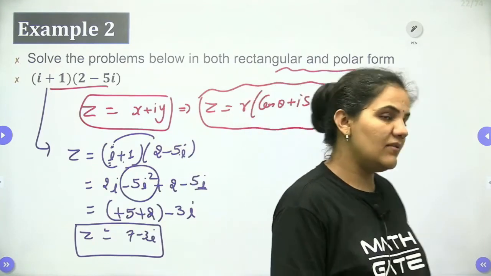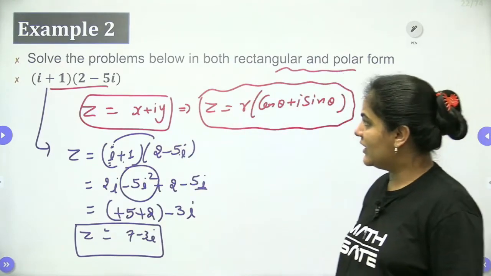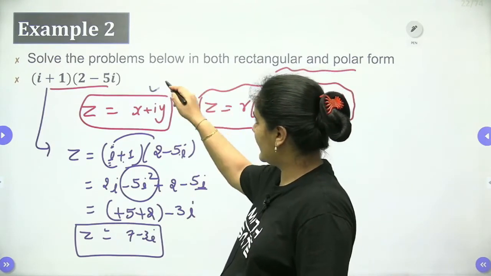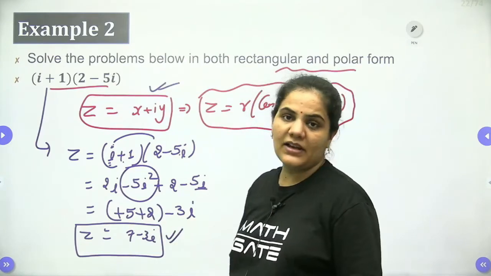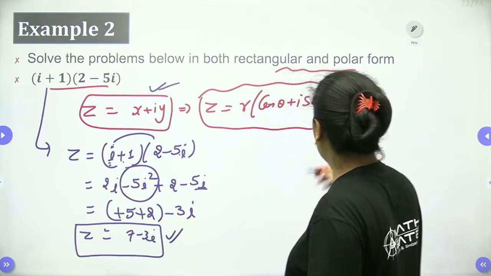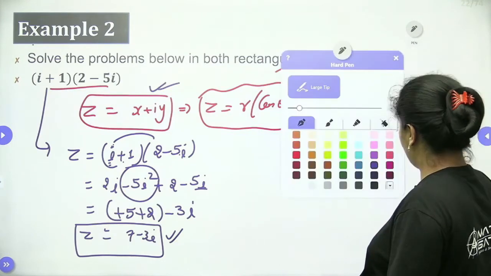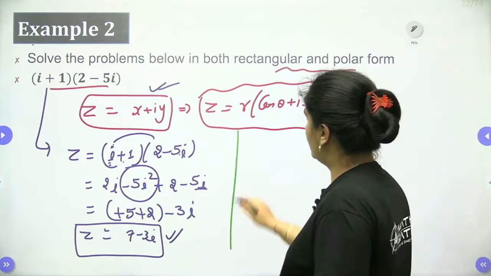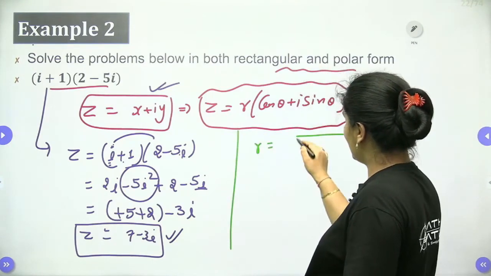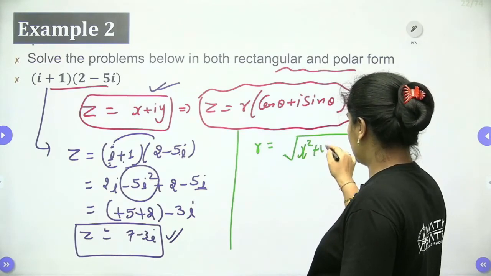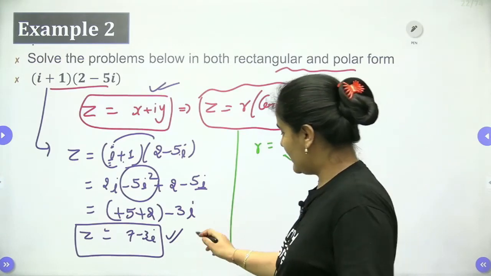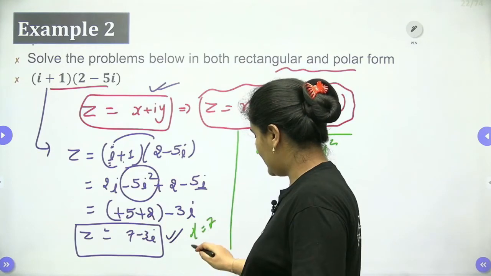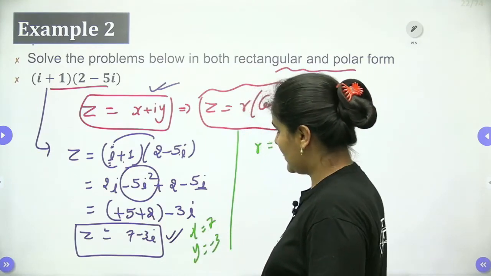Clear guys? So when we want to approach with the rectangular form, the rectangular form will be 7 minus 3 iota. Now we have to find the polar form also. For the polar form we should know the two things, r and theta. R is equal to root of x square plus y square. From here we can see x is equal to 7 and y is equal to minus 3, right?